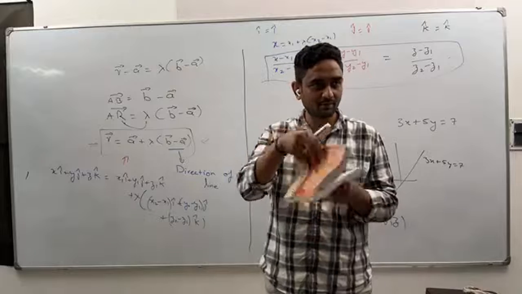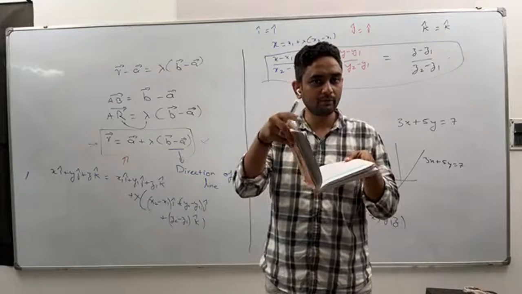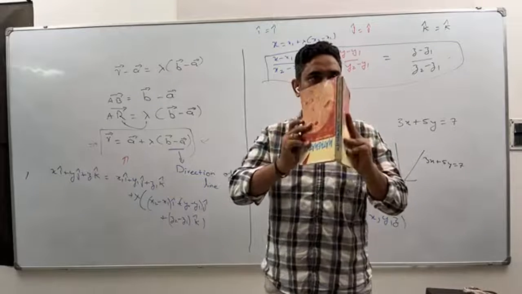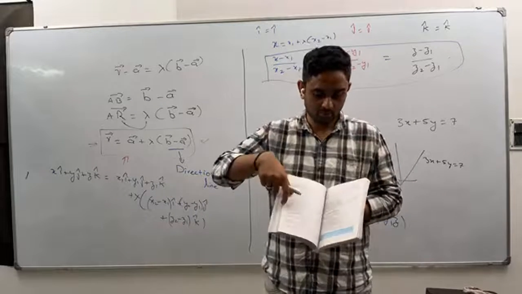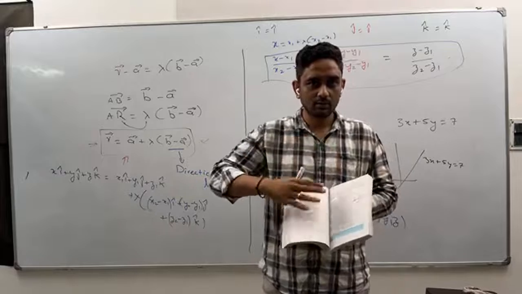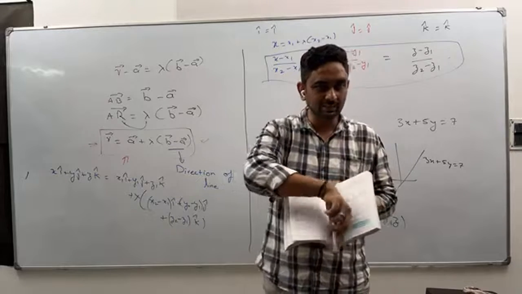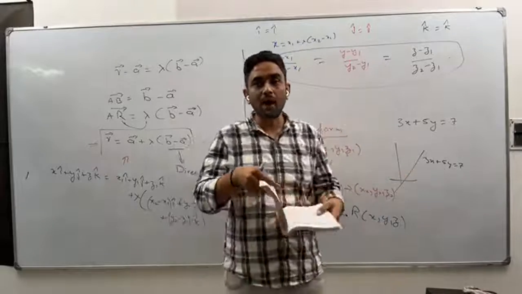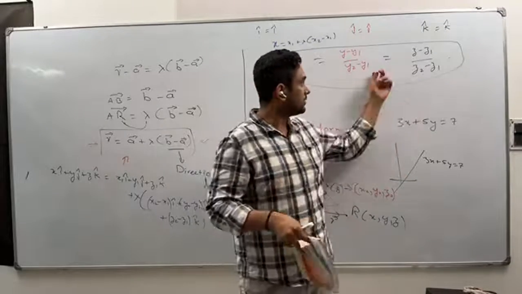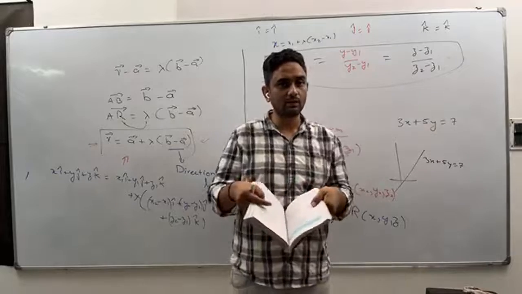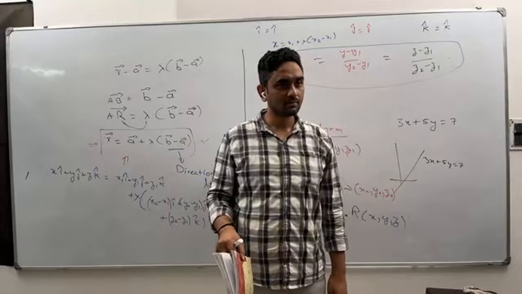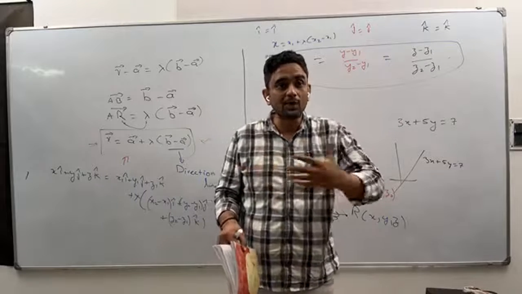This is one plane, this is another plane. If both the planes become equal, what is the intersection of the planes? Line. If you equate only these two, you will get a plane passing through this line. If you equate these two, you get another plane passing through this line. If you equate the first and last, another plane passing through this line. So you have to equate all of them together.